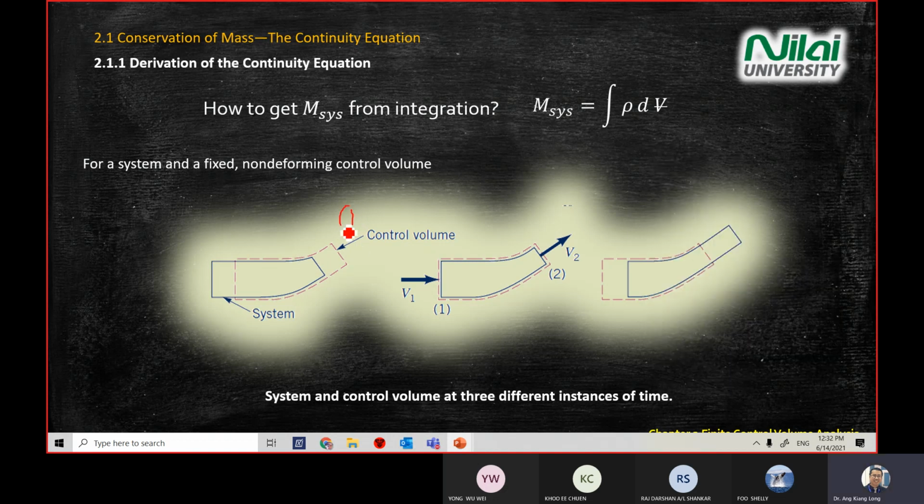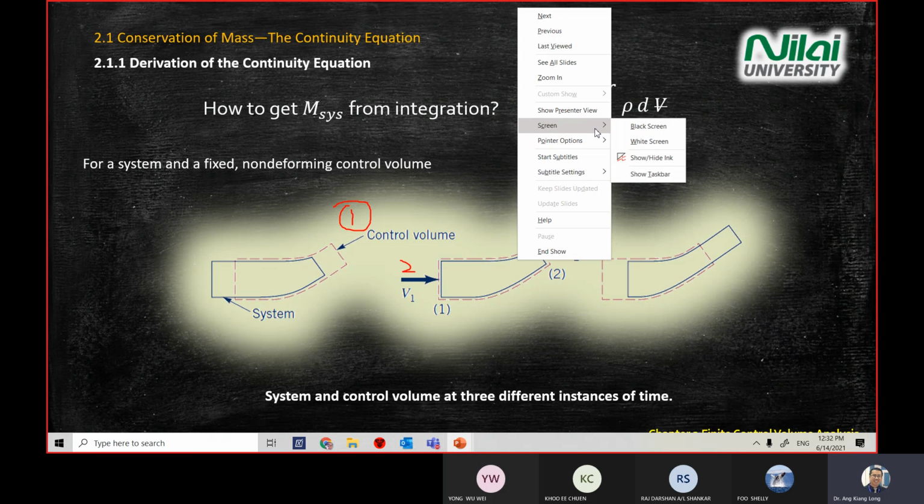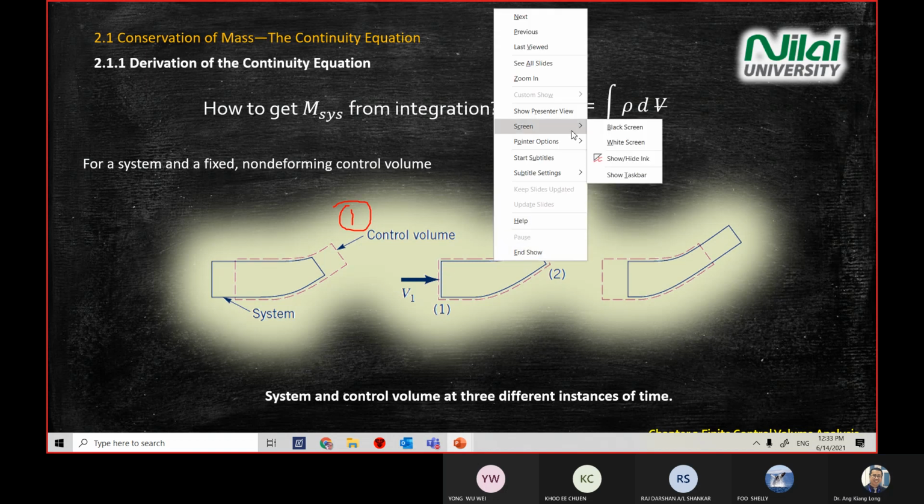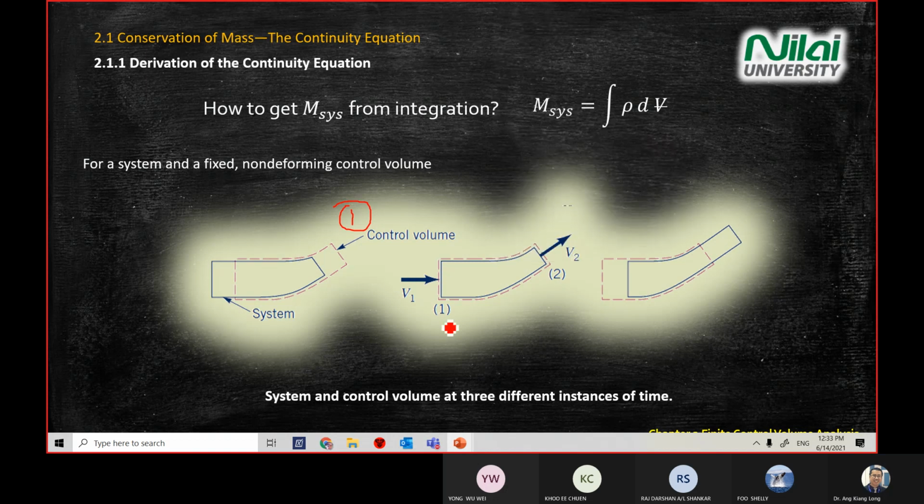Okay, this is the first step. You draw the control volume. Second, you put in numbers that represent the input and output points. First, you draw the control volume.